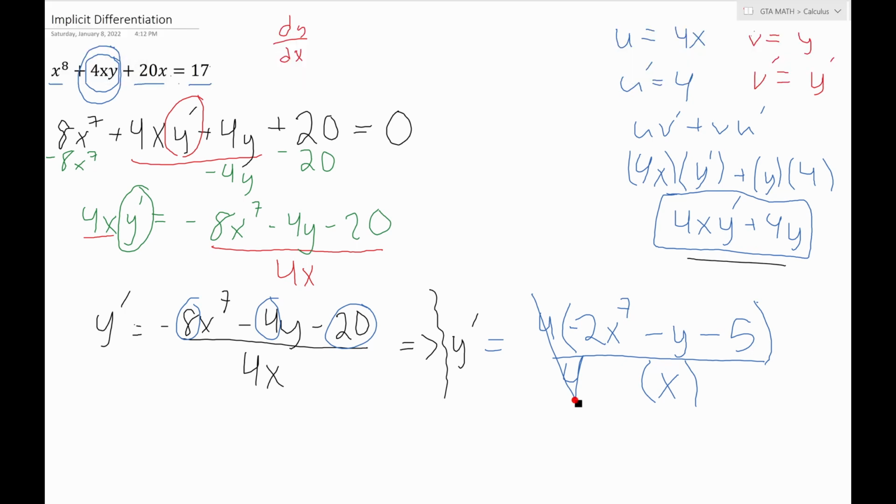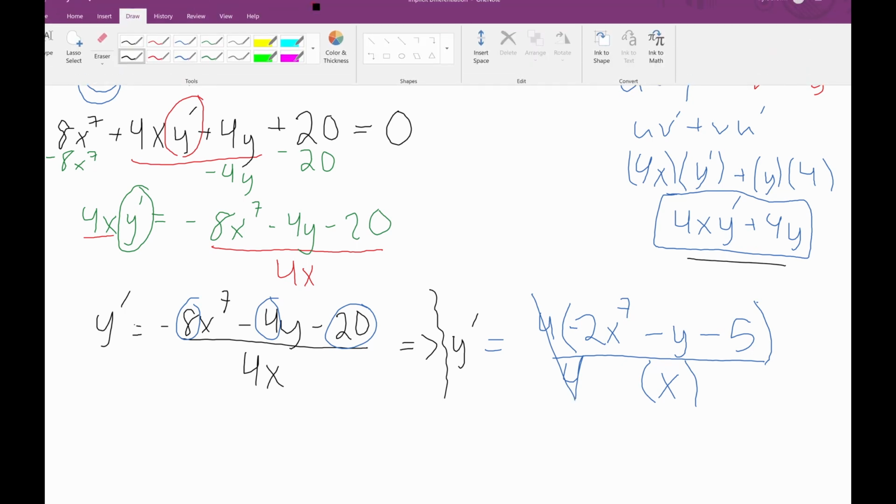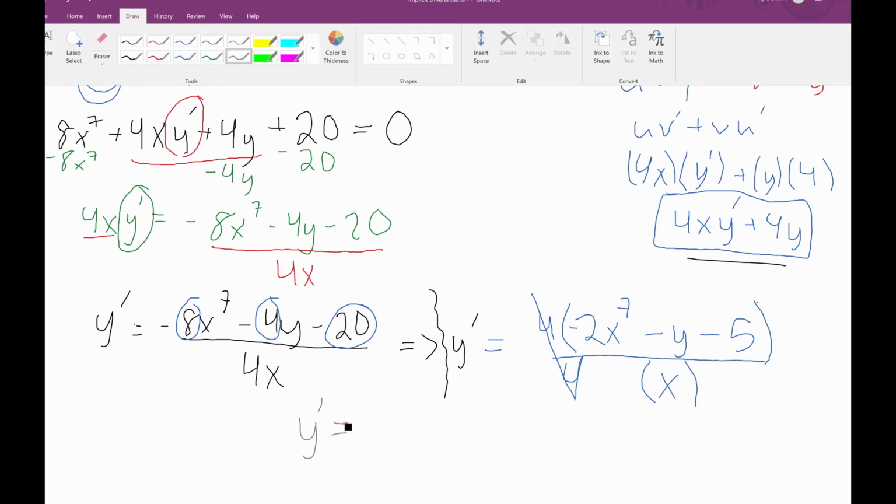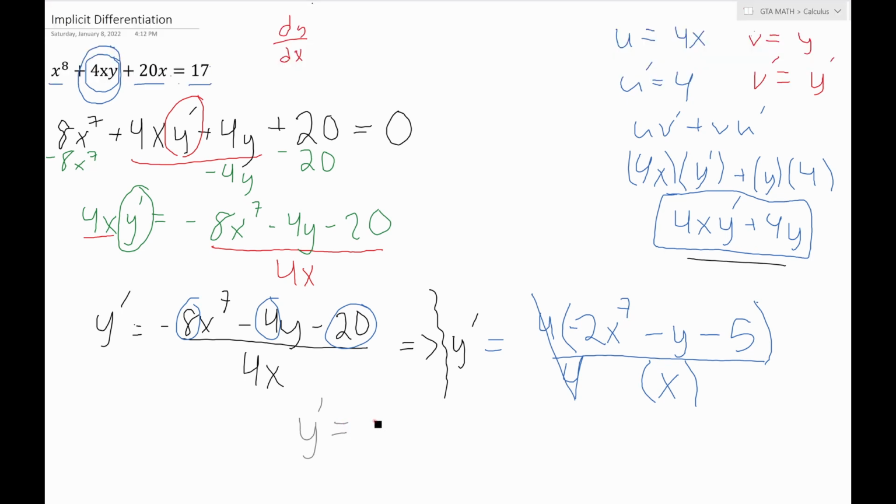So our final answer, I'm going to write it in a different color. Our final answer is going to come out as y prime equals negative 2x to the 7 minus y minus 5 all over x.